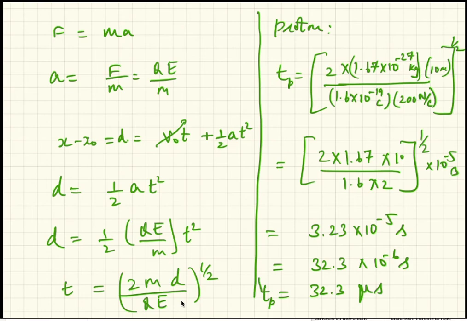That's the time the proton takes, and the electron, of course, being lighter, will take less time. Okay, I'll let you guys calculate that, or if you want, I'll do it. So the time of the electron will be the time of the proton divided by the square root of the mass of the proton over the mass of the electron.